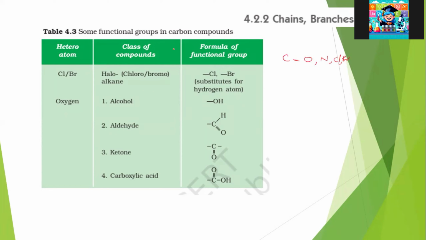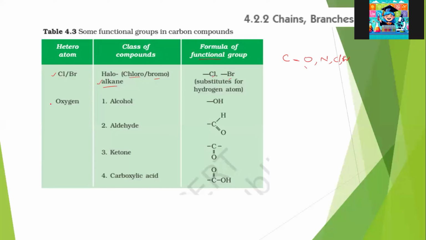And thus groups of atoms or elements that are attached to carbon are known as a functional group. For example, if a heteroatom like chlorine or bromine is attached to an alkane, that class of compounds will be known as haloalkanes. If chlorine is added, it will be known as chloroalkane, and if bromine is added, bromoalkane. If it is chloroalkane, Cl is the functional group, and in bromoalkane, Br is the functional group.